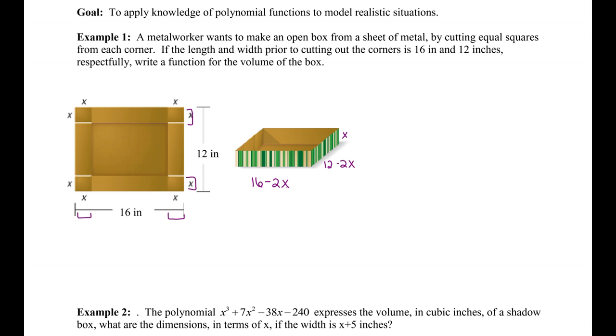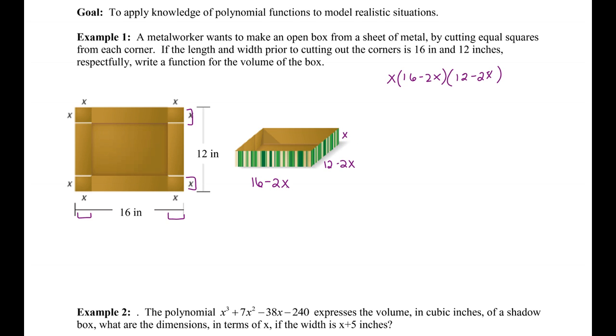In order to write the function for the volume of the box, we're going to take our side lengths, x, 16 minus 2x, and 12 minus 2x, and we're going to multiply them together.